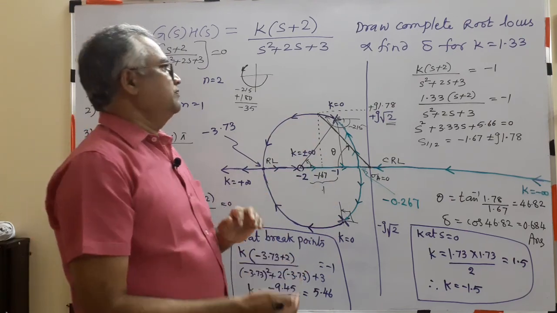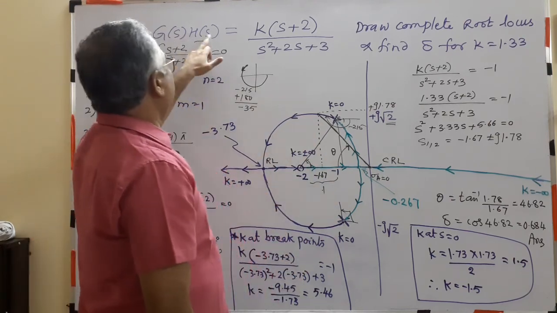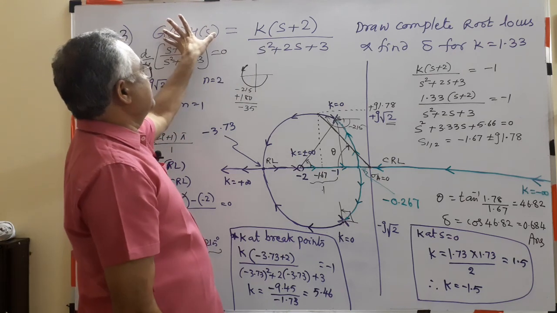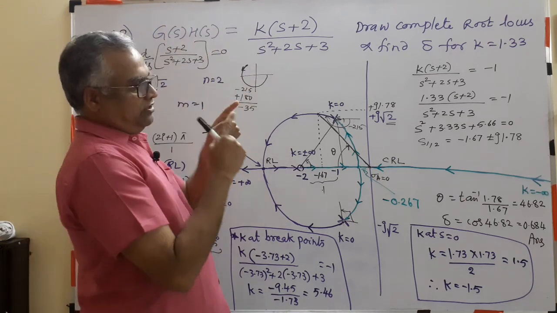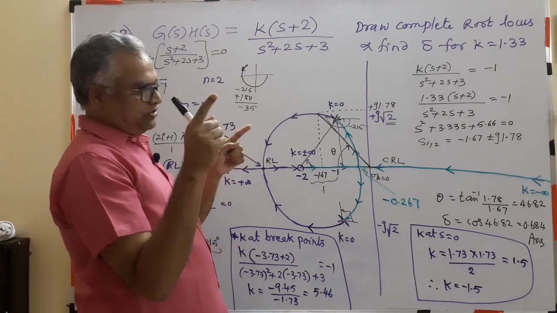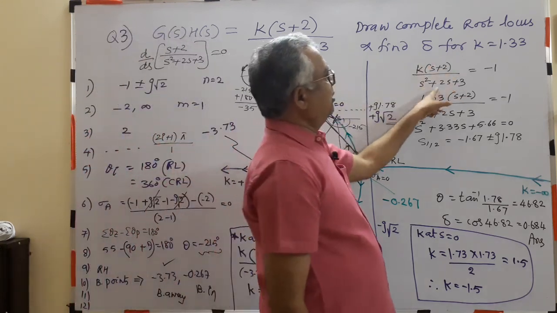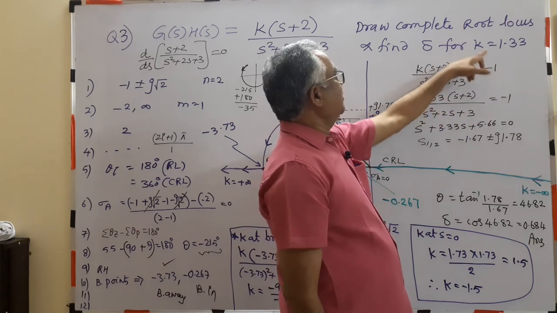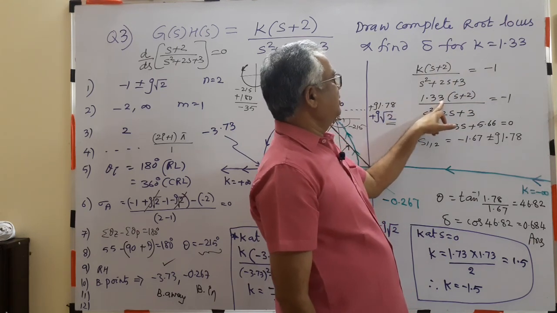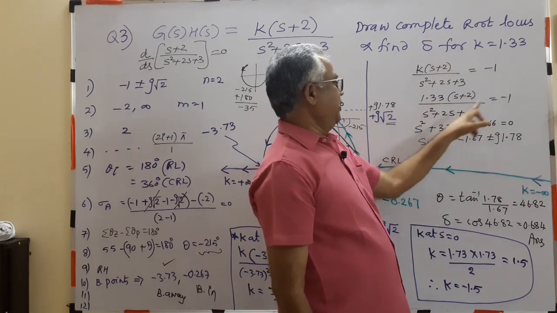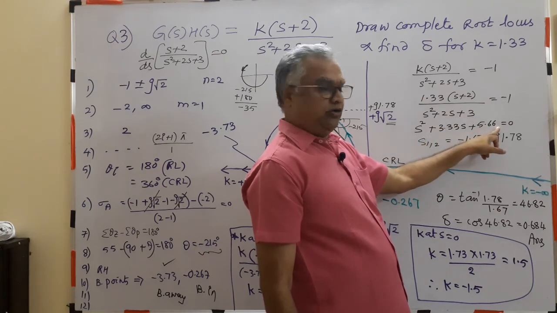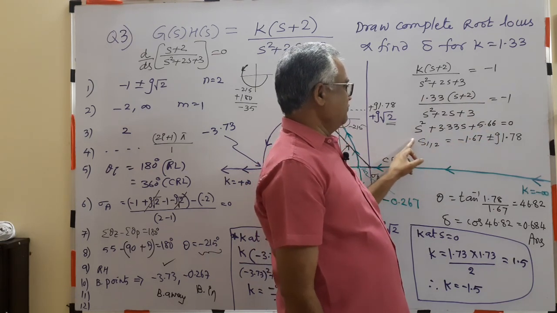It's a reverse. So this is G(s)H(s). But what is G(s)H(s) equal to? Minus 1, na? 1 plus G(s)H(s) equal to 0. So G(s)H(s) should always be equal to minus 1. But k is 1.33. Simplify the second order polynomial and solve for s1, s2.